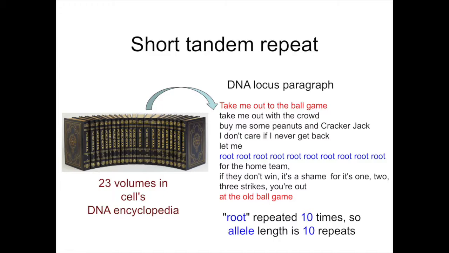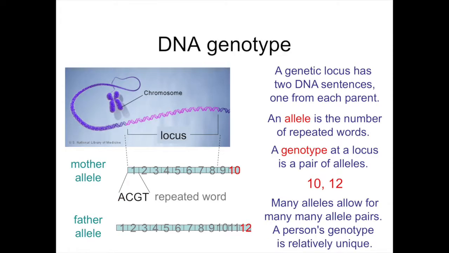So you'll be seeing that the way scientists measure the alleles or the variants is by measuring the length of paragraphs. What we care about in identification is the genotype, the pair of alleles at one location that are inherited from a mother and a father, because we have 2 copies. They can be the same or different.